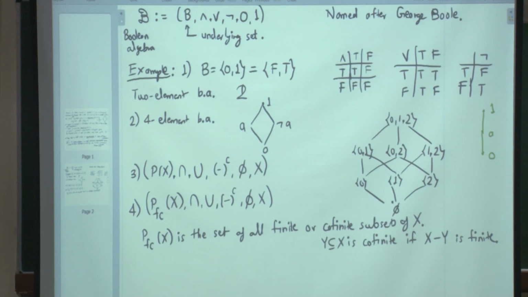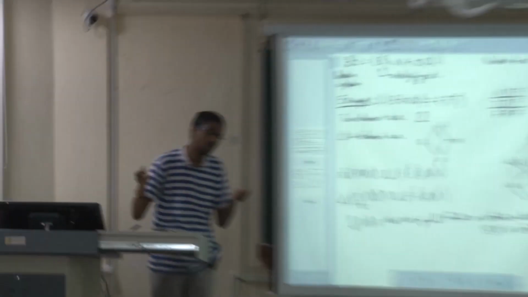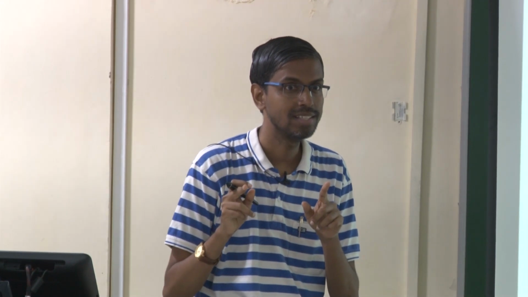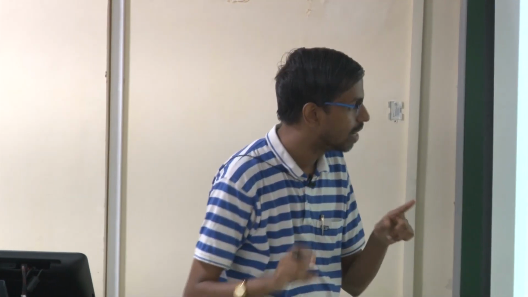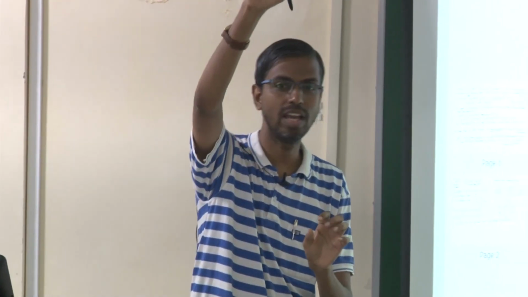So please check in your mind that intersection of any two finite sets is again finite, union of finite sets is finite, complement of finite is cofinite. Similarly, union of two cofinite is cofinite, intersection of two cofinite is cofinite again, and intersection of a finite and a cofinite.